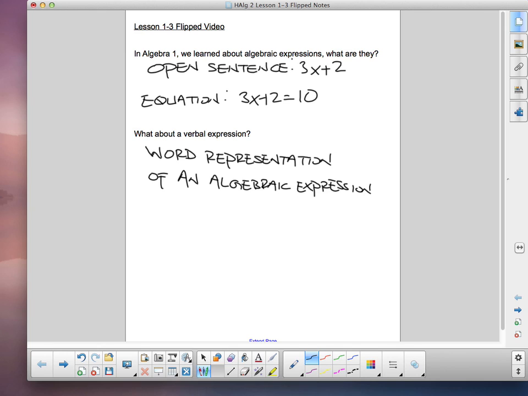So if I'm looking at our equation here, it's 3x plus 2 equals 10. If I was to write that as a verbal expression, it would say something like 2 more than 3 times a number is 10.